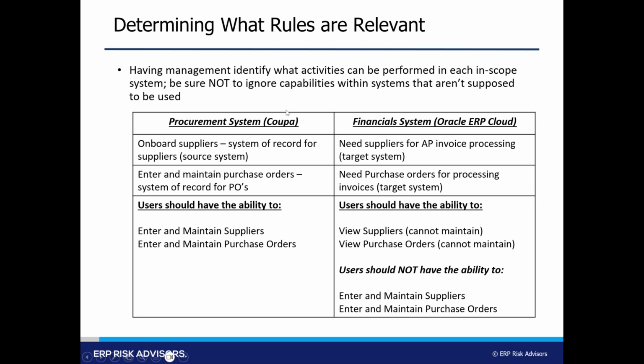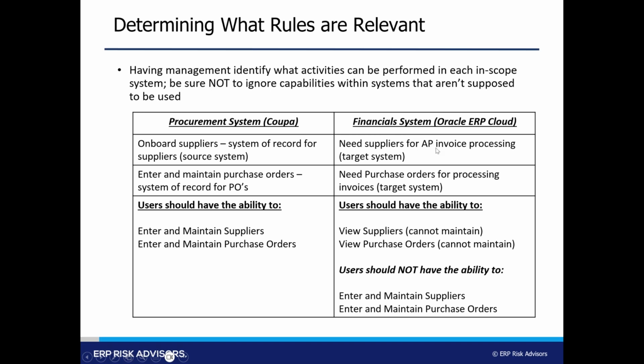Maybe it's your legacy purchasing system, and maybe eventually you're going to transition that to ERP Cloud, but you don't have that in phase 1. So you'd be onboarding suppliers. It's a system of record for suppliers. You'd be entering and maintaining purchase orders. It's a system of record for purchase orders. And then effectively, once that data is entered in Coupa, it gets interfaced into your financial system, in this case, Oracle ERP Cloud.